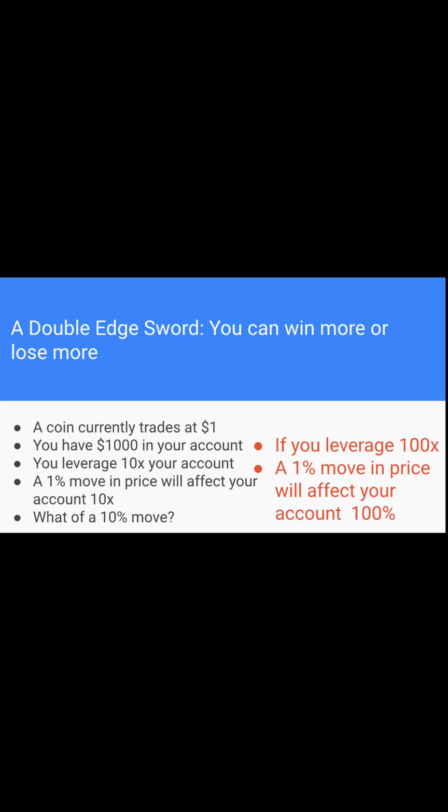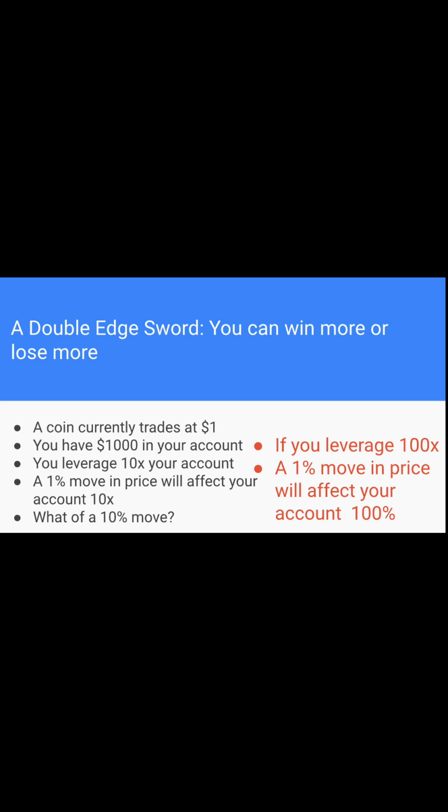So with $1,000 as capital and 10x leverage, if the coin drops by just 1%, you lose 10% of your $1,000, which is actually $100. You'll be left with $900. That's why it's always good for you to understand this leverage thing very well.